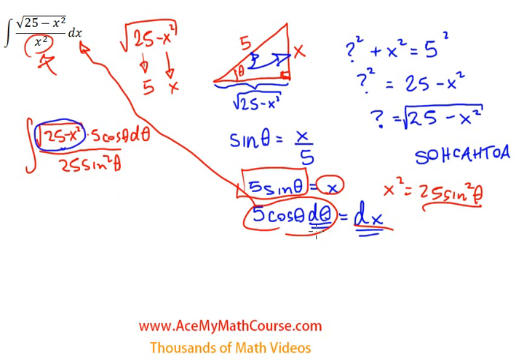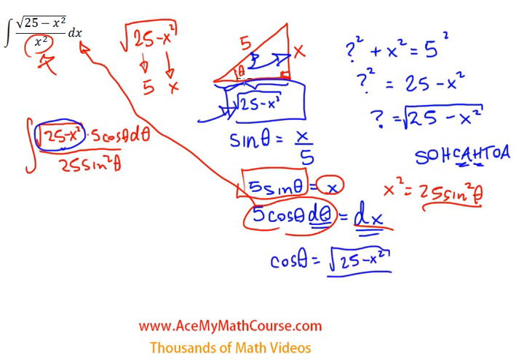And if I look over here at the triangle, I can use cosine. Cosine of theta is the adjacent over the hypotenuse. So the adjacent is the square root of 25 minus x squared, over the hypotenuse, which is 5. If I isolate the square root, I can multiply both sides by 5, and I get the square root of 25 minus x squared is 5 cos theta.